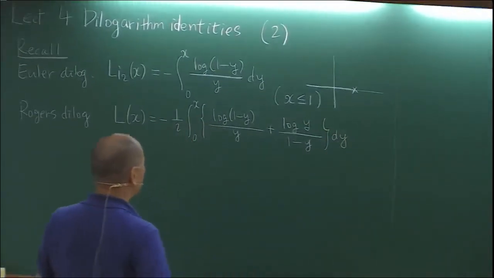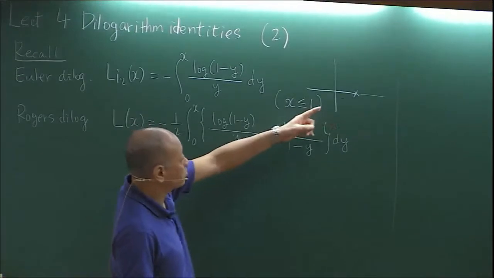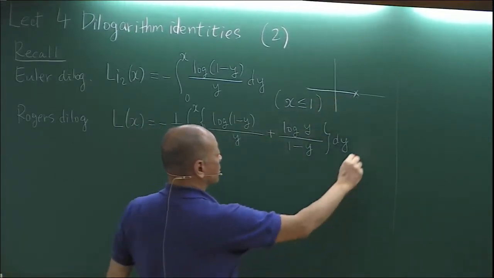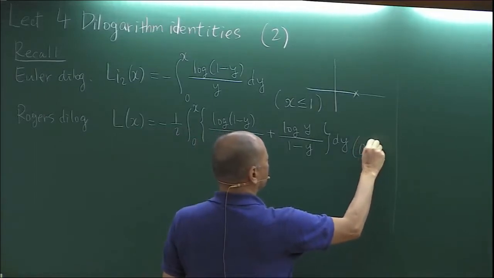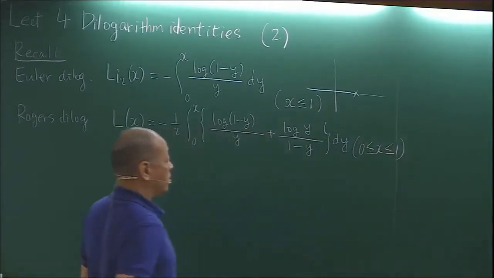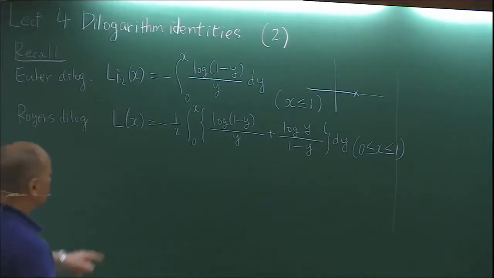And once again, due to the multivaluedness at x = 0, 1, and infinity, we only limit our attention to this real segment. But for some applications, you consider it as an analytic function on the complex plane by considering the multivaluedness.